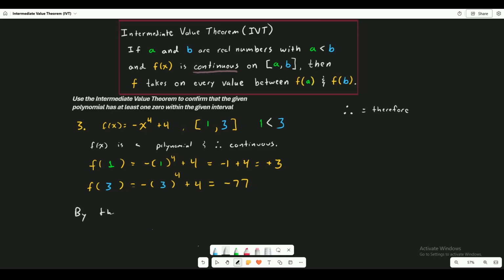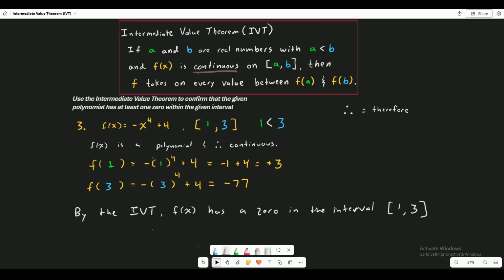By the intermediate value theorem, f of x has a 0 in the interval (1, 3). There it is.